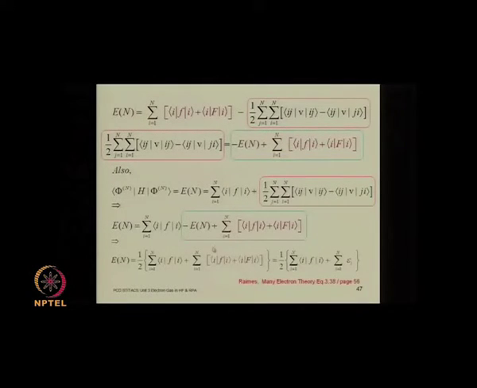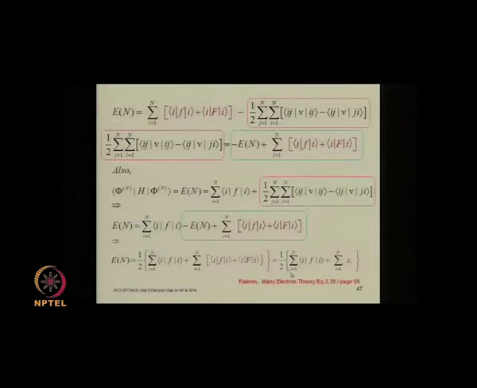So, there we are, you have got the minus E n here. So, I can take this minus E n to the left hand side, that will make it twice E n. And if you now write this expression for E n alone, then on the left hand side you have got E n equal to half times this term and this term. So, that is our expression for the energy functional.